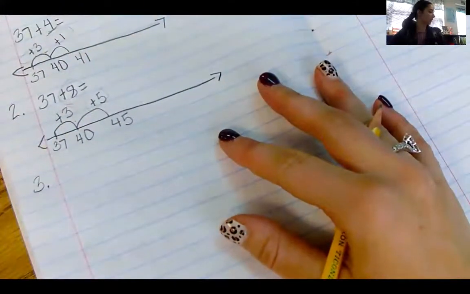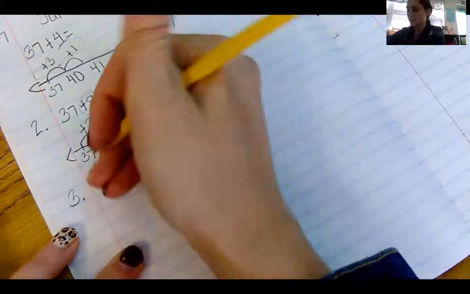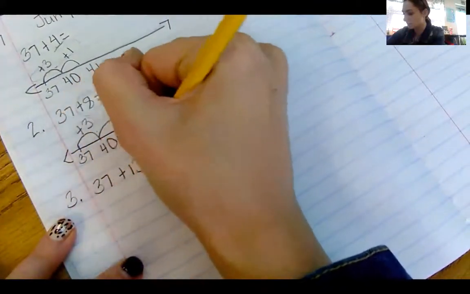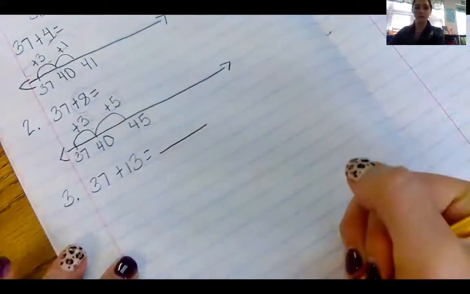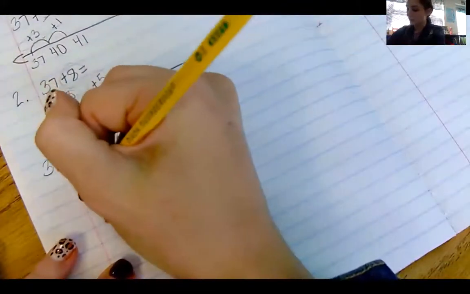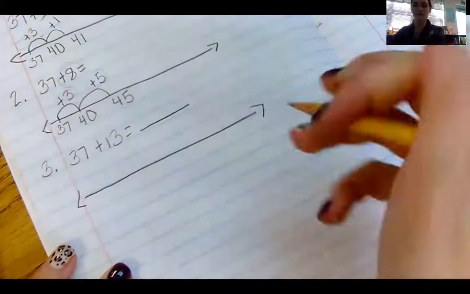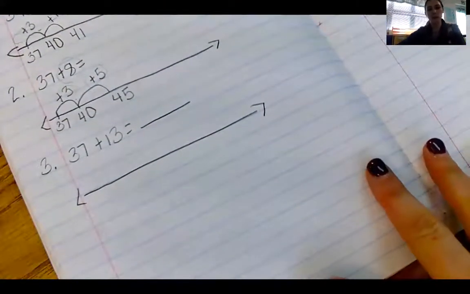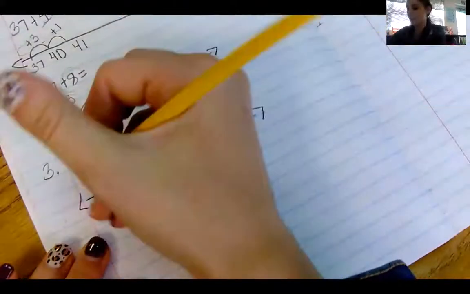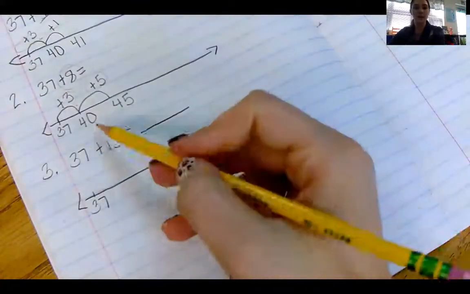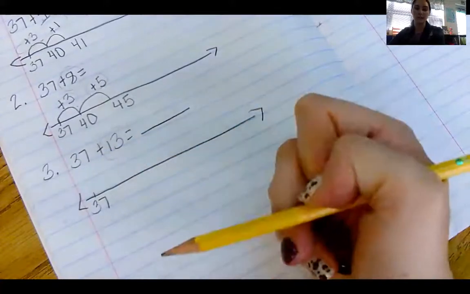Okay, let's do number 3. Number 3 is 37 plus 13. Okay, so again, draw your number line. Okay, I'm going to start on my largest number, which is 37. Okay, and I need to add 13 this time.